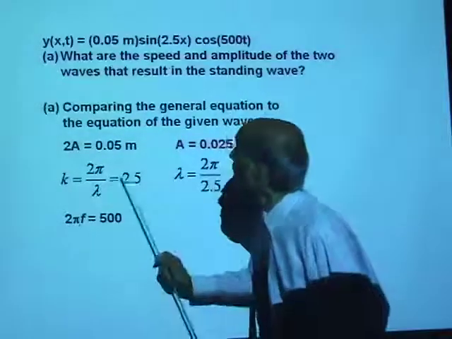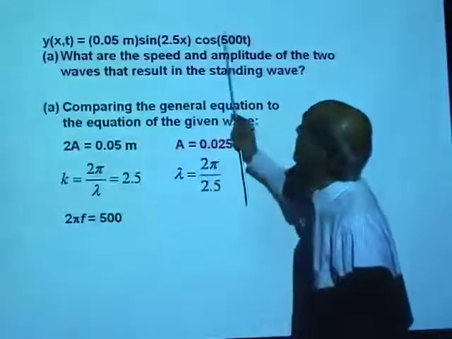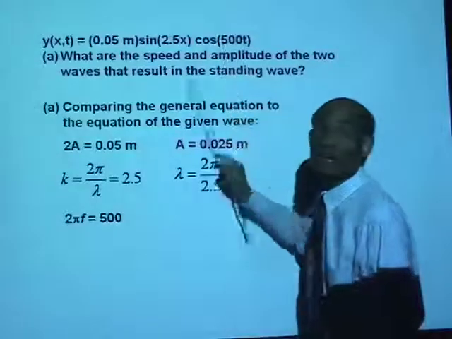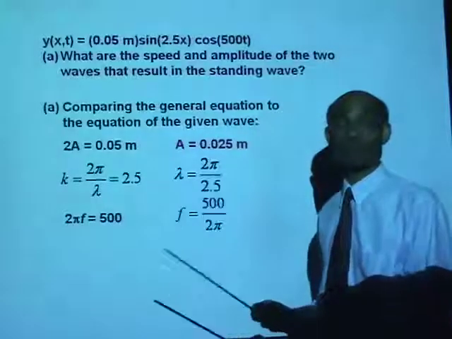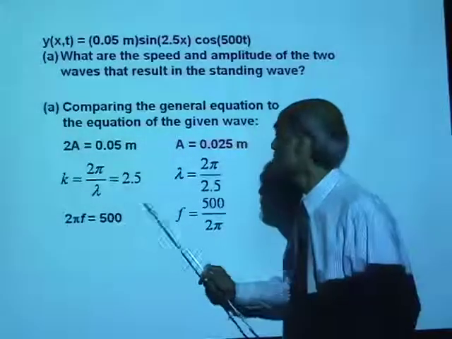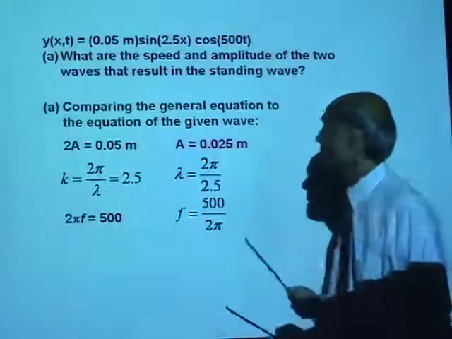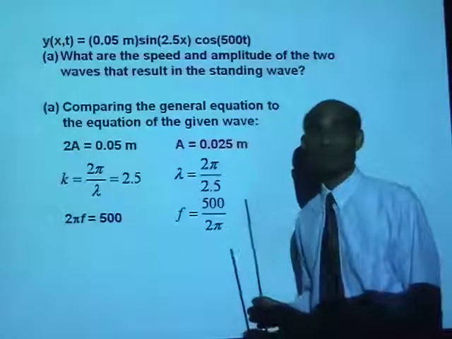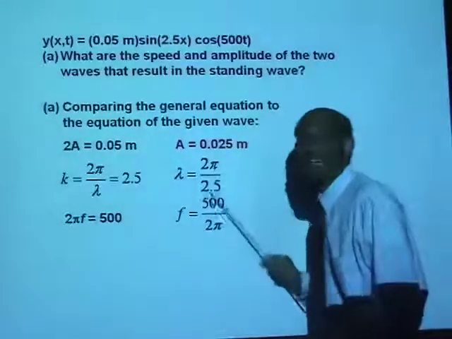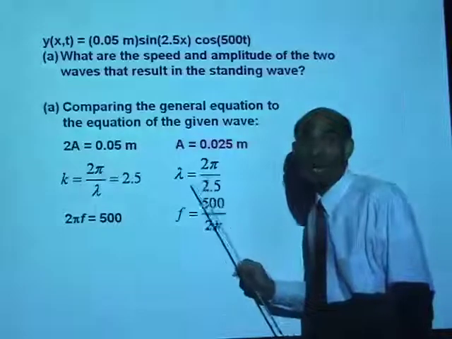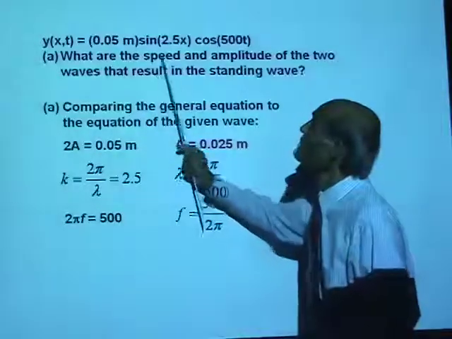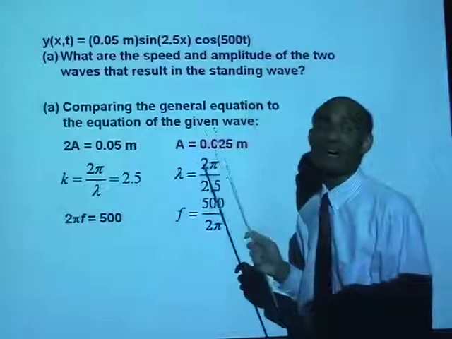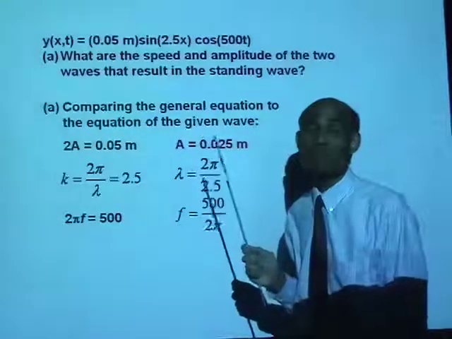Omega is 2 pi f equal to 500. Therefore, f equal to 500 divided by 2 pi. I left these without calculating because I'm going to use them to find the speed. How do I find the speed?